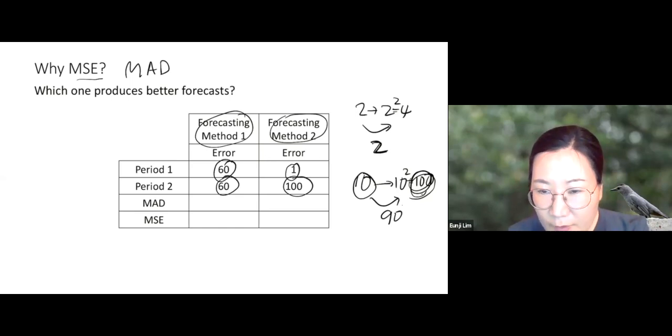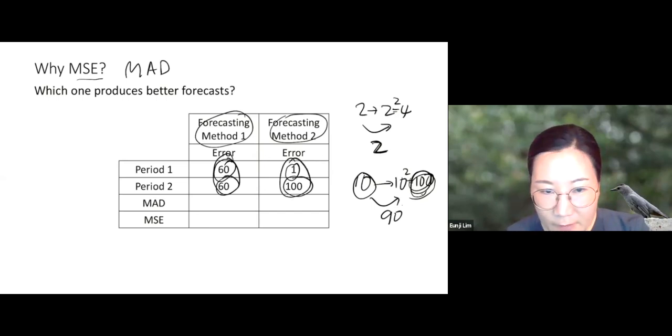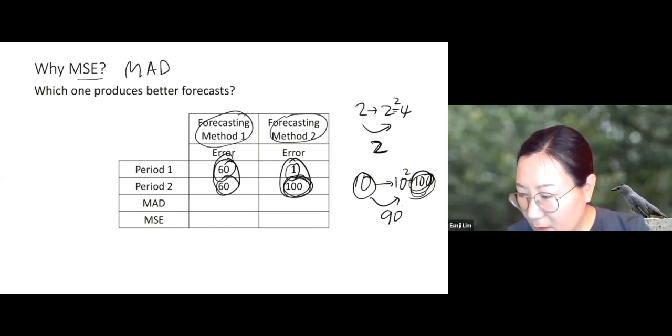Which one produces better forecasts? In the first method, we have moderate-sized errors. In the second method, we have one particularly large error. So when we compute MSE, MSE will emphasize this. It's going to make this much, much larger.